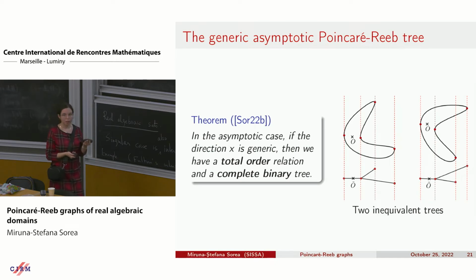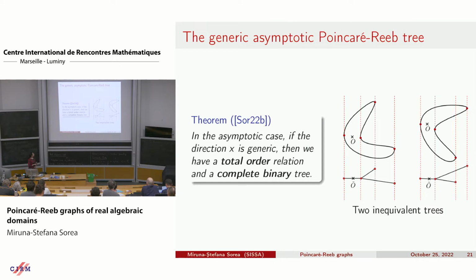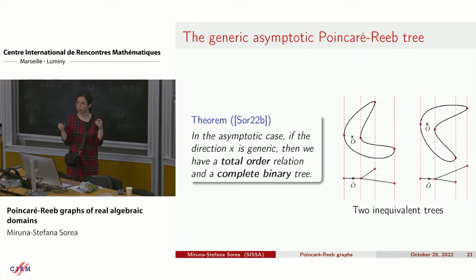Under this genericity hypothesis, we can show that the trees have their vertices endowed with a total order. We have a total ordering on the vertices, and moreover, the trees become complete and binary.